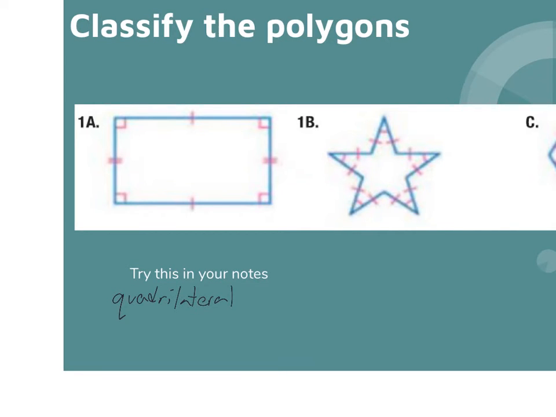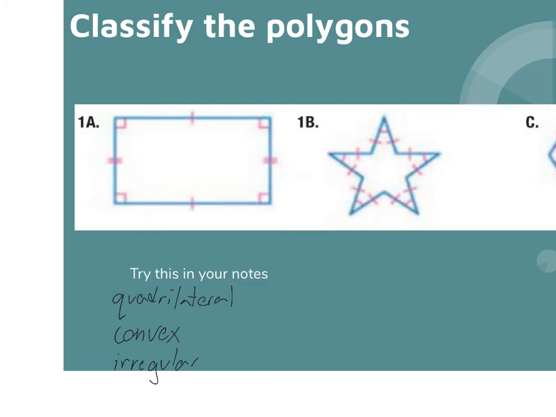We know that it is convex. And we know that it is irregular because 2 sides are the same, but then 2 other sides are different. So that is how we would name the first one.